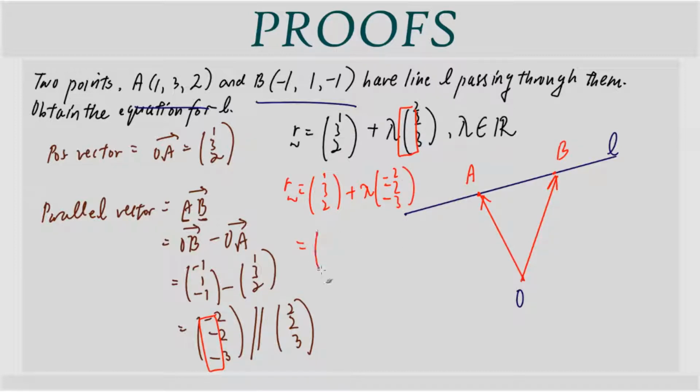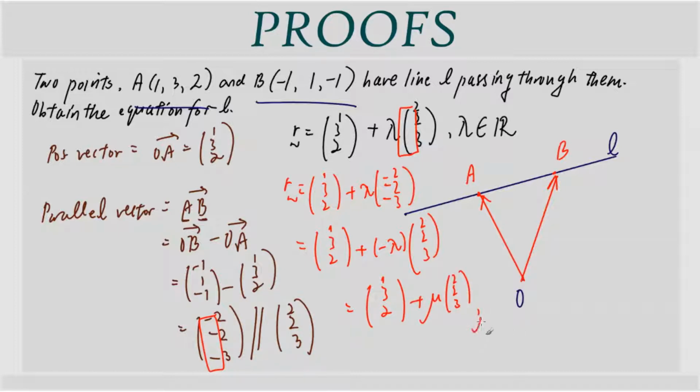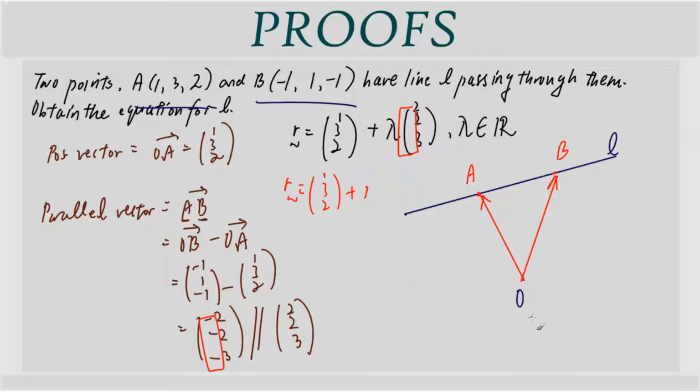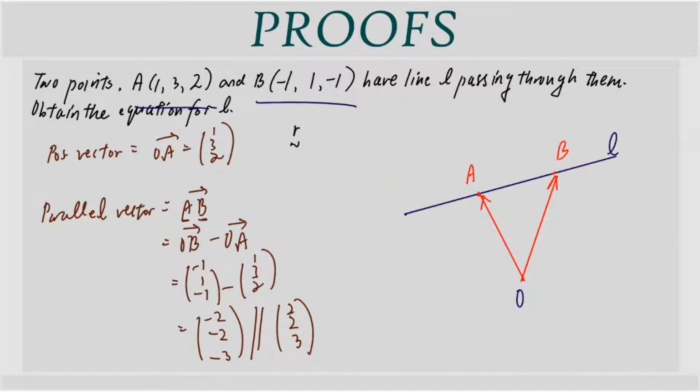And this would be equal to 1, 3, 2 plus negative lambda of 2, 2, 3, which can be substituted by another real number plus mu times 2, 2, 3, where mu is a real number. So in fact, it's just extra work for yourself because you're eventually going to change it to simplify the expression further. And now let's use OB and show that using OA is the same as using OB.